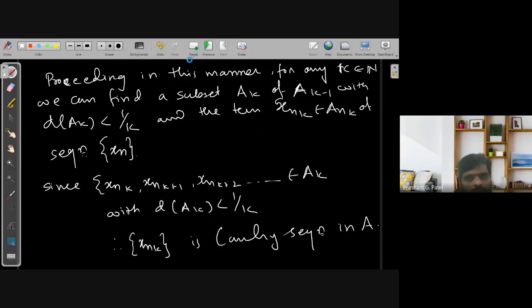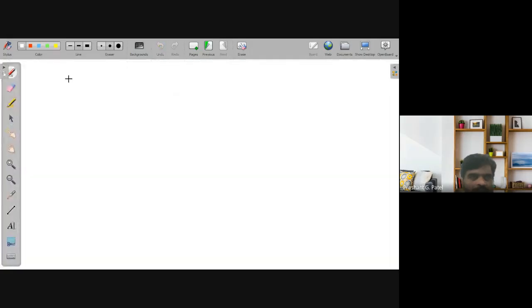The next result tells you about total boundedness and boundedness being the same in the usual metric space on the real line.